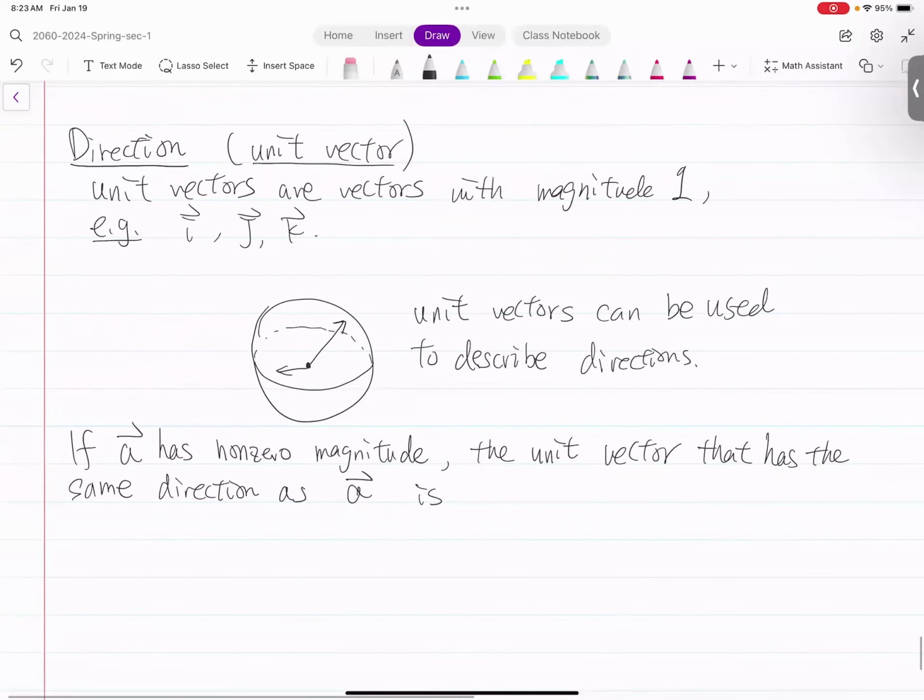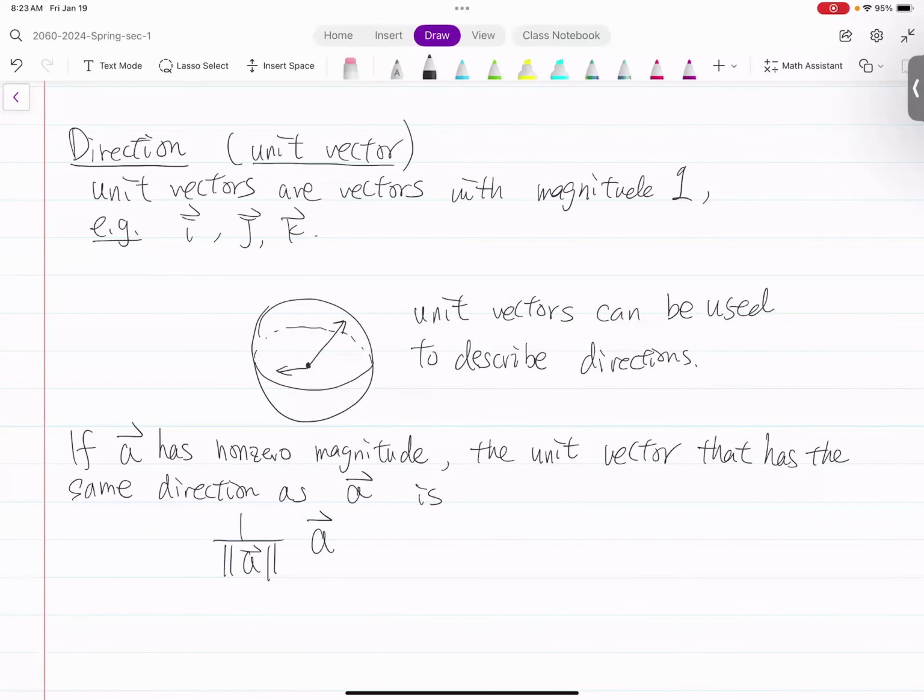So A has a magnitude, right? But now we want to keep the same direction, but make the magnitude 1. So what do we do? We can scale it, right? By dividing by the magnitude of this vector.